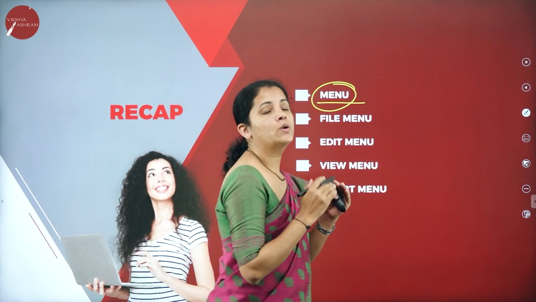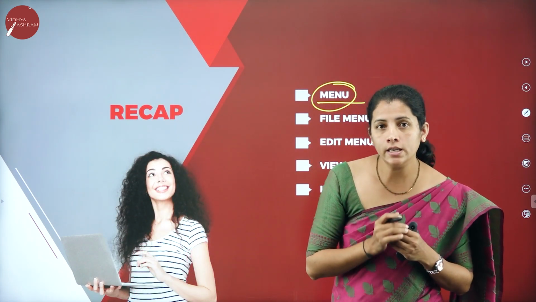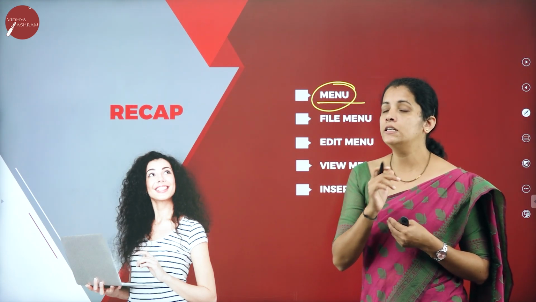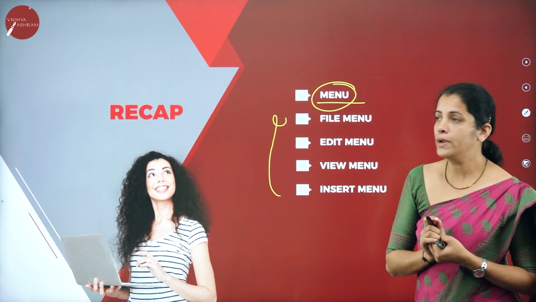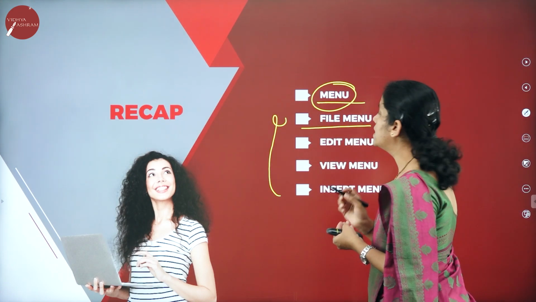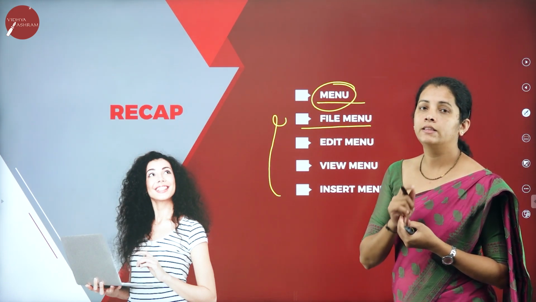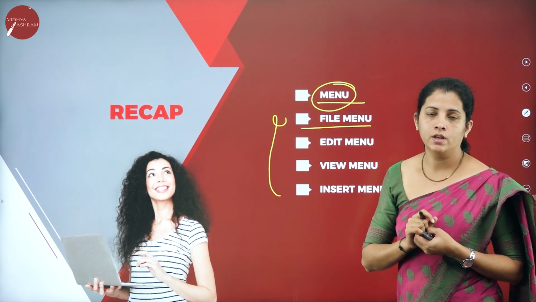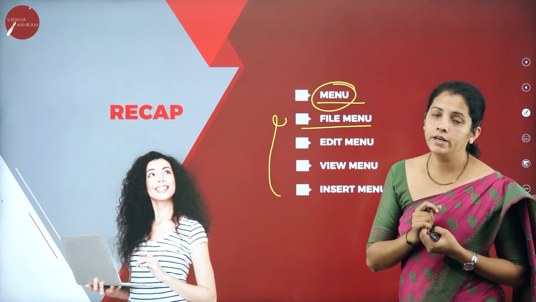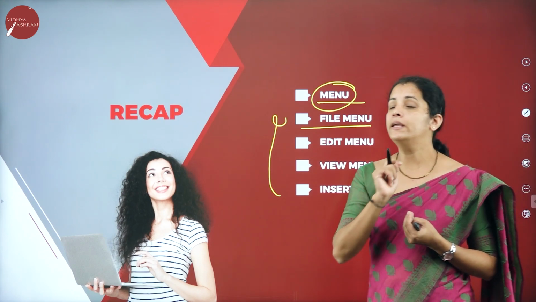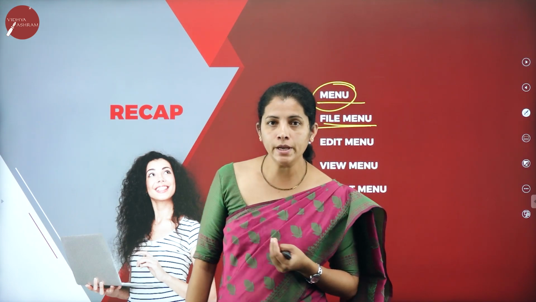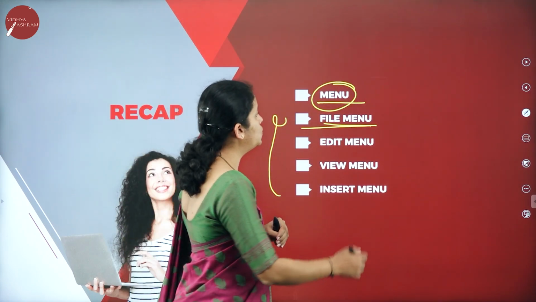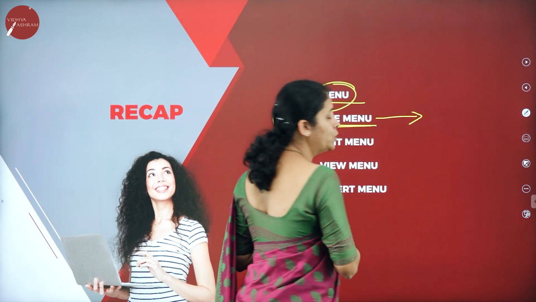Under menu, we are going to get a long list of menus, but in my previous session, I had discussed only 4 different types of menu. The first one is the file menu. Once I enter into Excel, at the beginning I'm going to get the file menu. So under the file menu, what are the options I'm going to have?